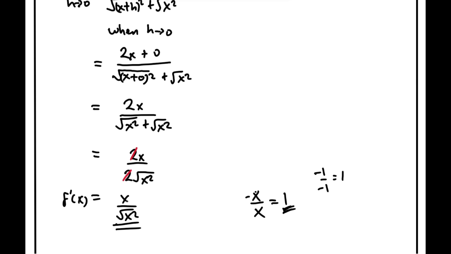But if we put -1 in this one, we'll get -1 over the square root of (-1) squared, which is -1 over +1. This gives us negative. And remember, x over the square root of x squared, this bottom part here is the same as how we defined it earlier. So f prime of x can also be x over the modulus of x.